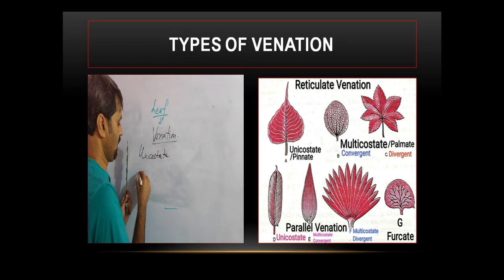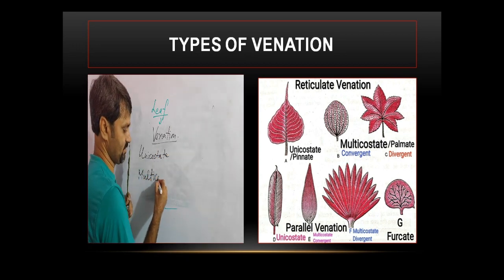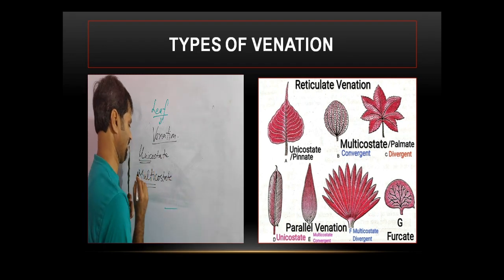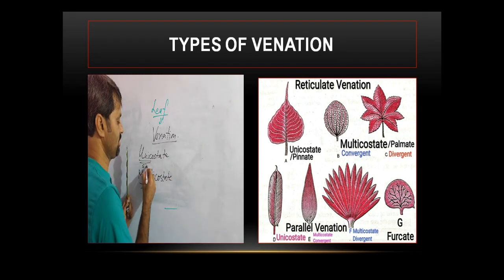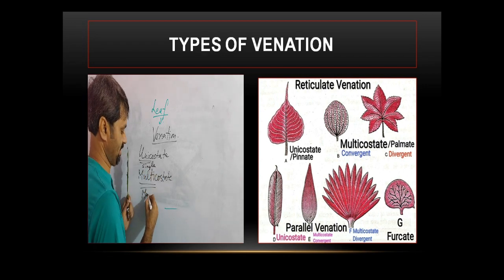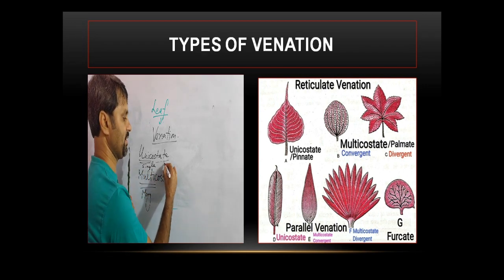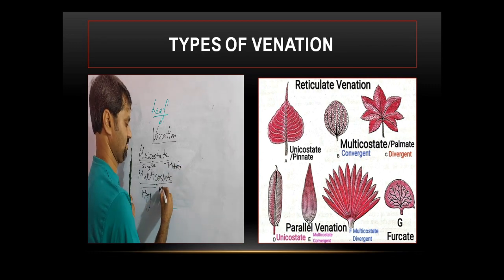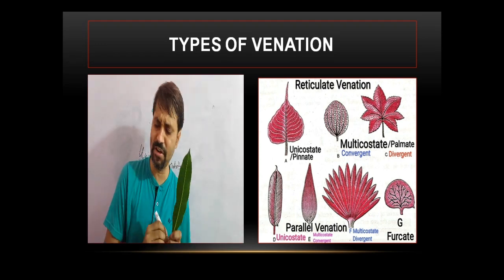Uni से पता लग. Other one is multicostate. Uni means single, multi means many. What does the costate mean? Midrib. Here the midrib. So unicostate में एक midrib होगा.